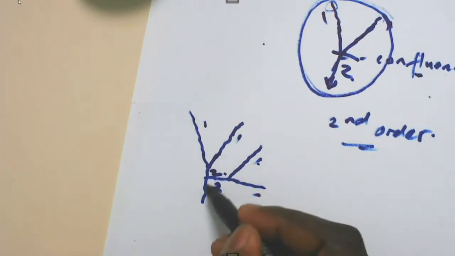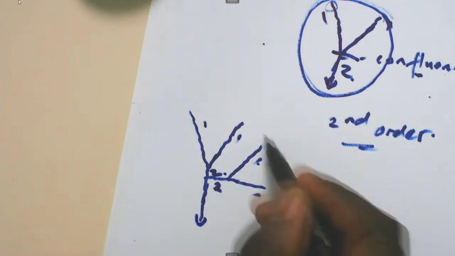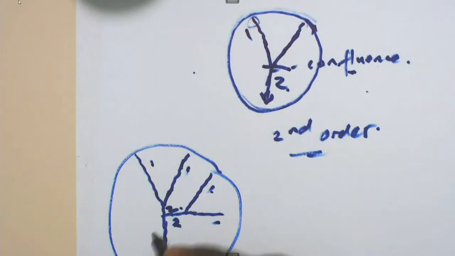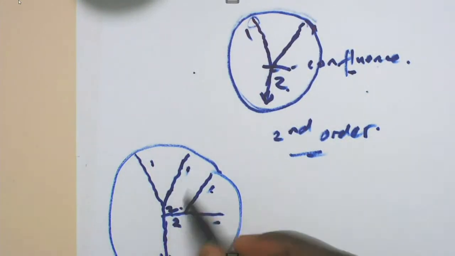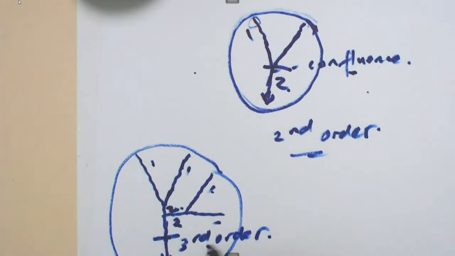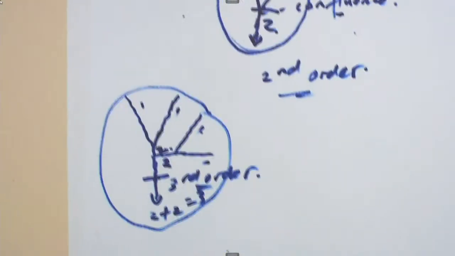So in terms of the order of these streams, it will be third order, because 2 plus 2 is 3. Third order.